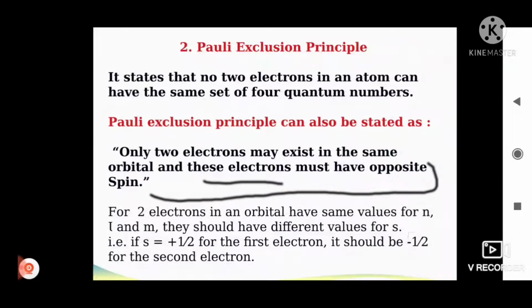For example, if two electrons in an orbital have same value for n, l and m, they should have different value for s. That is, if s equals plus half for the first electron, it should be negative half for the second electron.